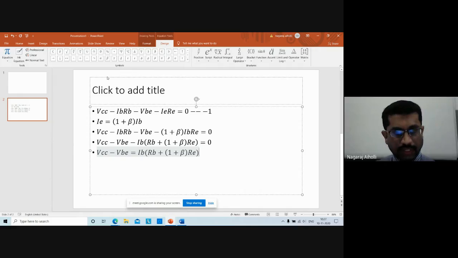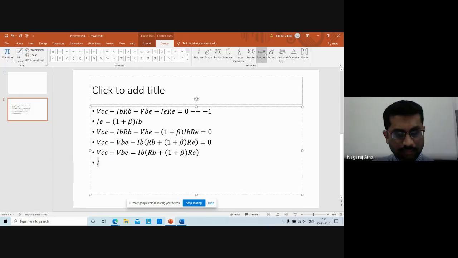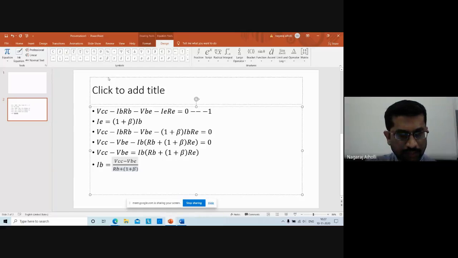Therefore, IB is equal to VCC minus VBE divided by RB plus (1 plus beta) into RE.